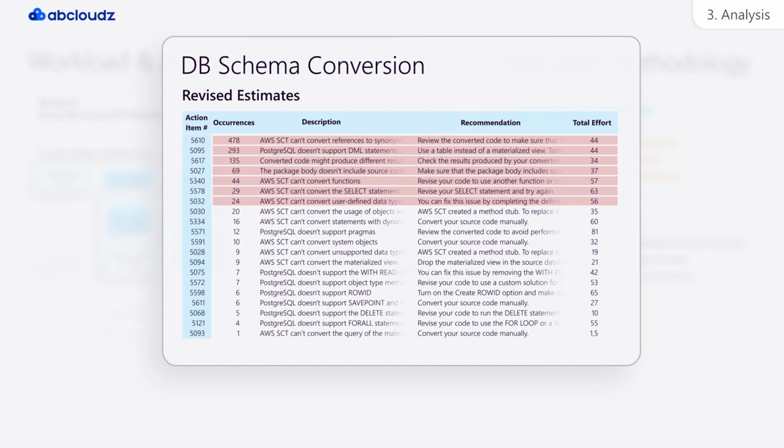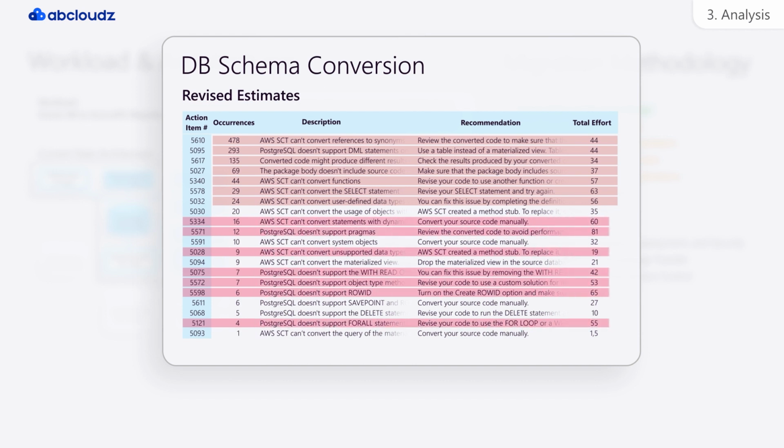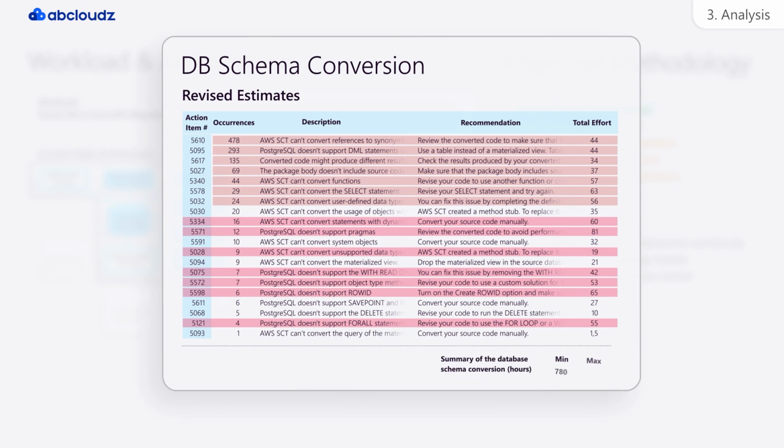However, this also depends on how complex a particular issue is. For instance, while the occurrence of these action items is relatively infrequent, their complexity means that they will still demand a significant amount of effort. After a comprehensive assessment of these issues, including their frequency and complexity, the migration engineering team delivers their revised estimates of the efforts required for the database schema conversion.